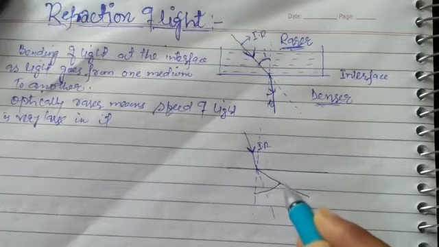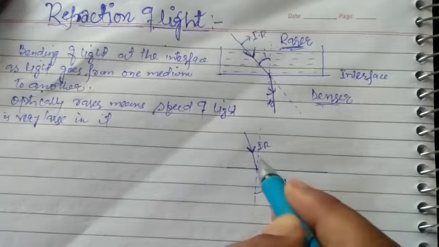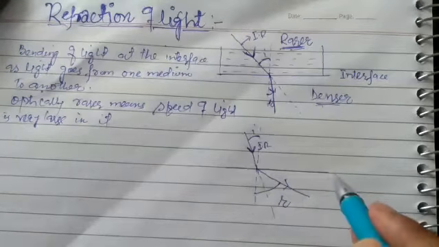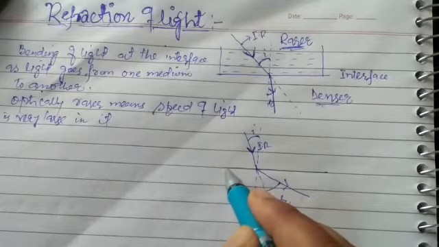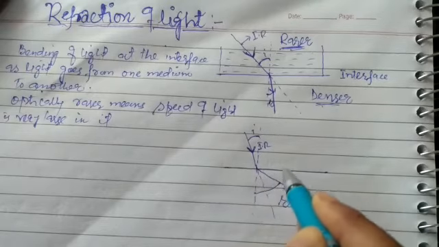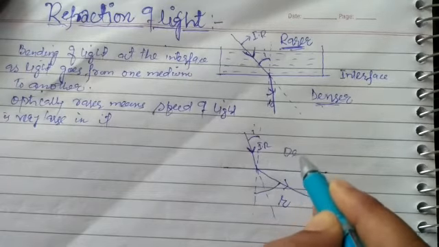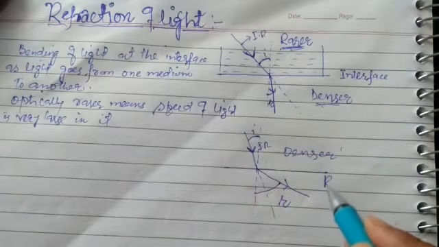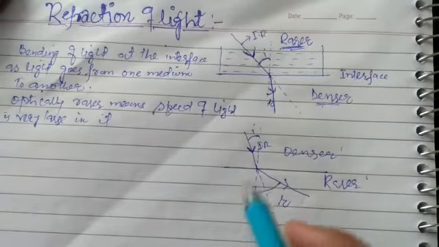So this is the angle of refraction. This is the angle of incidence, this is the angle of refraction, and this is again the interface. Now we can conclude that this is the denser medium. Now the ray of light has gone from denser to rarer.